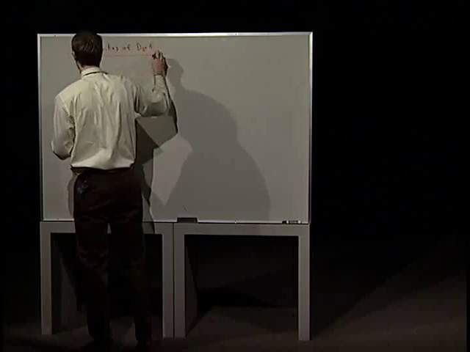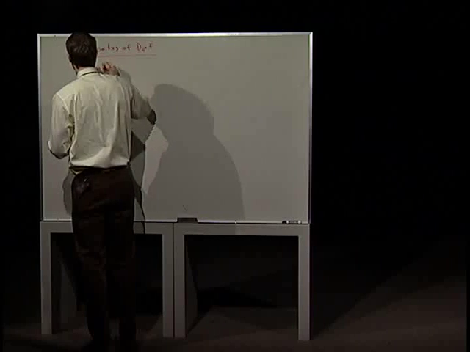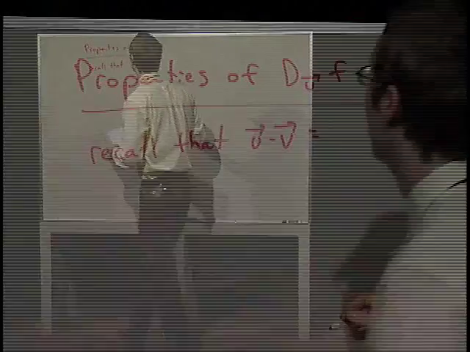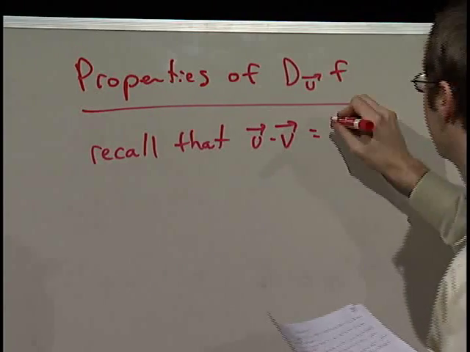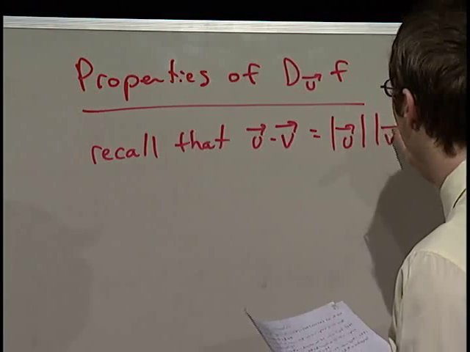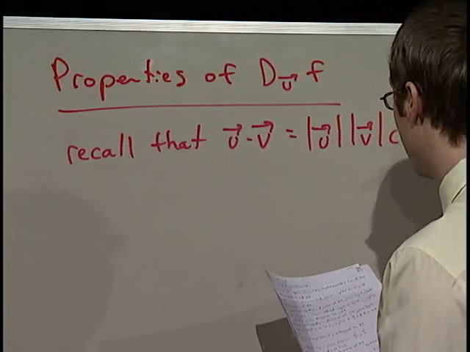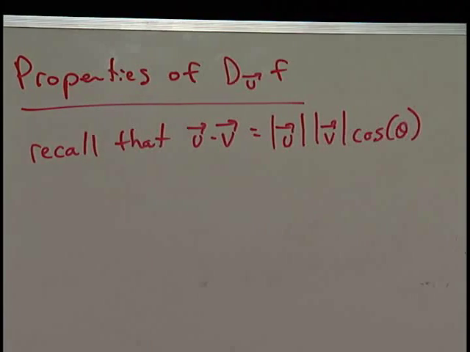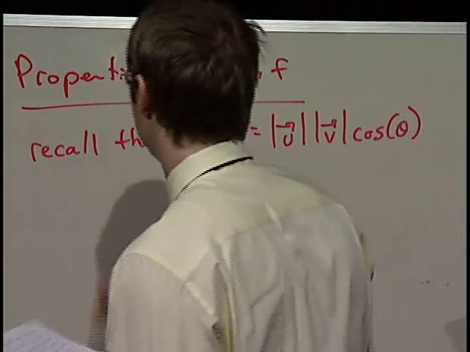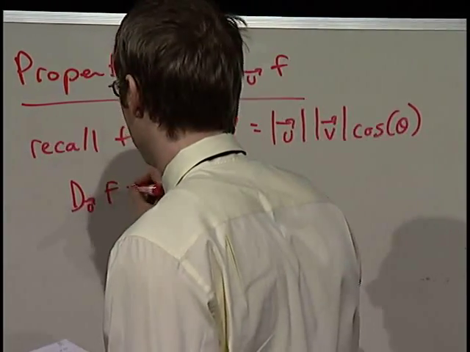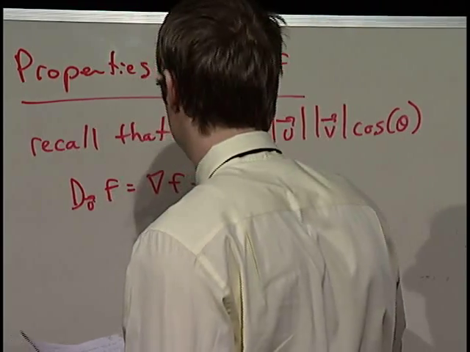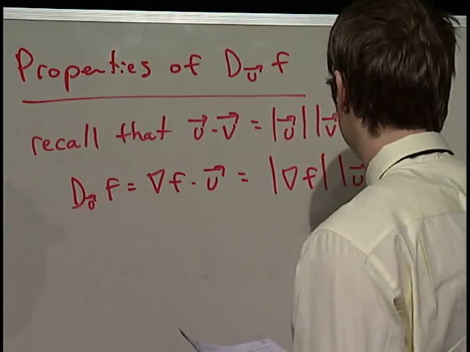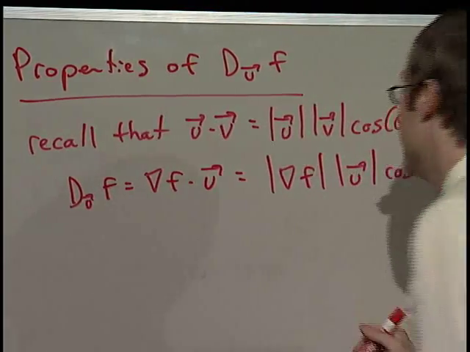D_u f. Okay. So we'll start by remembering a property about dot products, which said that u dot v for any vectors was length of u, length of v, and cosine theta. So that's a property of any two vectors. Well, the nice thing about our D_u f is just grad f dot u, so it's length of grad f, length of u, cosine theta.